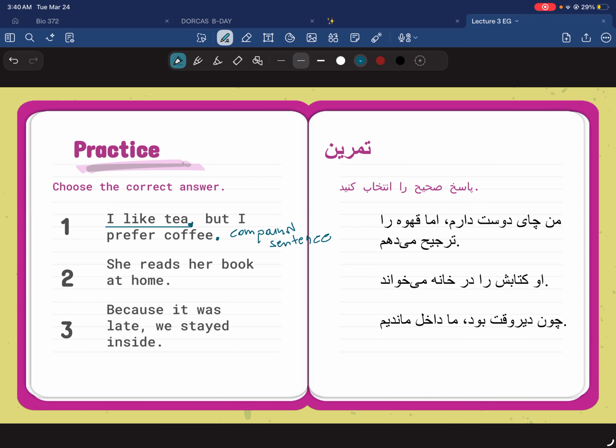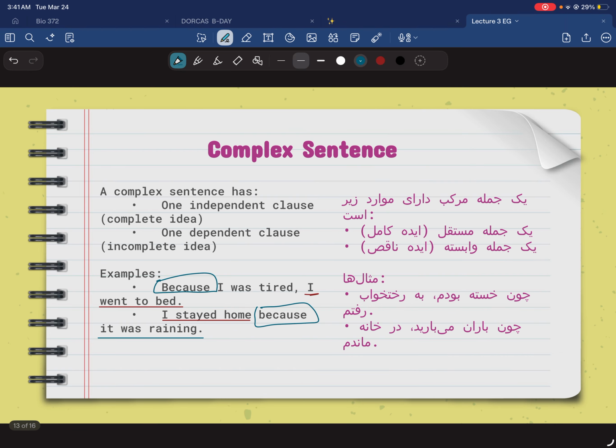All right. The next one is going to be she reads her book. She reads her book at home. So we only have one complete idea over here. Remember that the complex sentences had a complete and an incomplete idea.